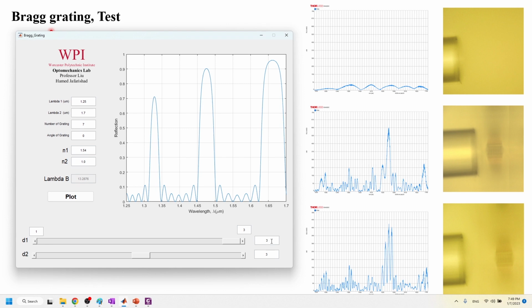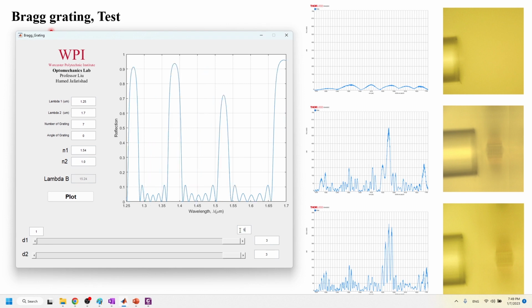However, here's something we should keep in mind: due to the voxel size in printing with the Nanoscribe, usually the thickness is a little larger than what we have in the design.